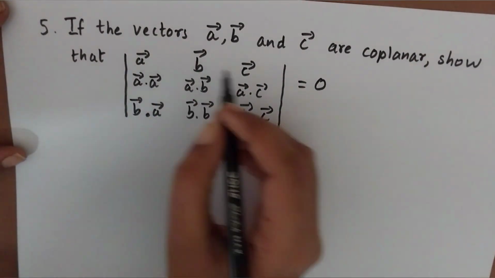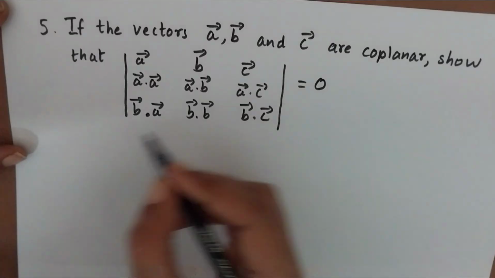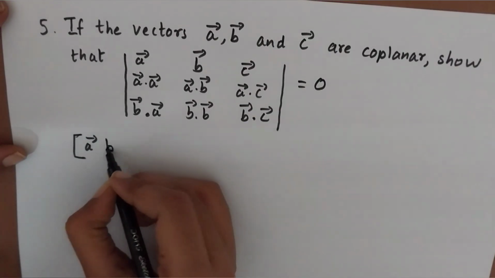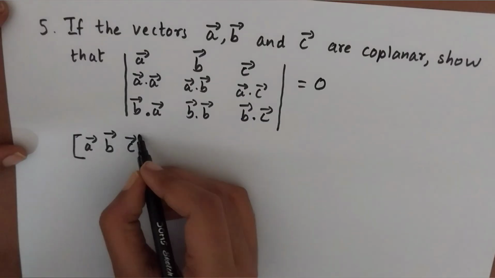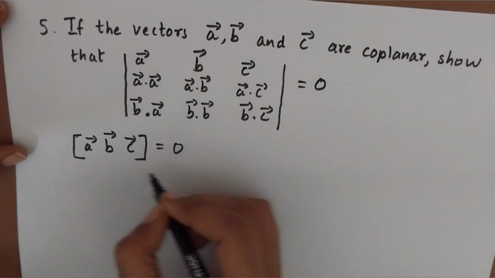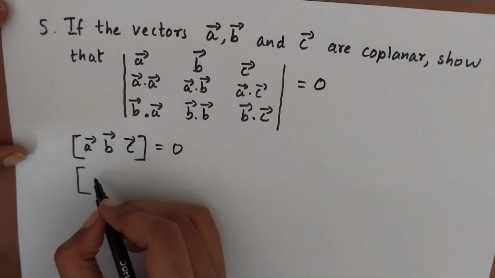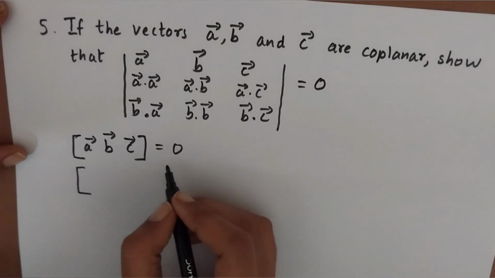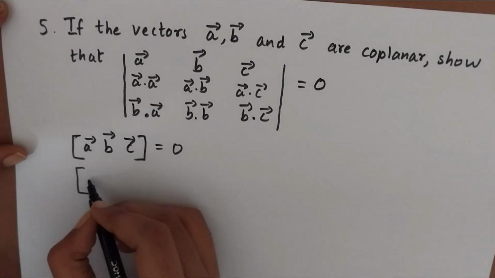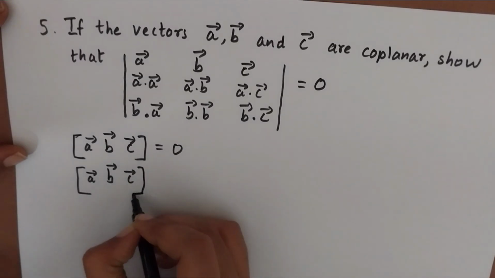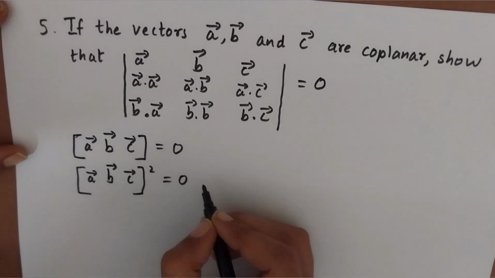So in the question it's given that these three vectors are coplanar. That means box A, B, C is equal to 0. That is, if box ABC is equal to 0, then it means box ABC the whole square is also equal to 0.